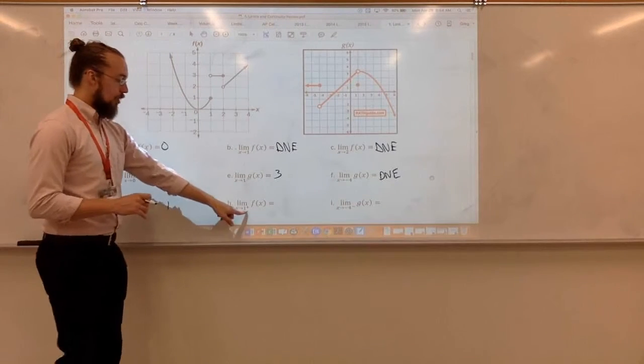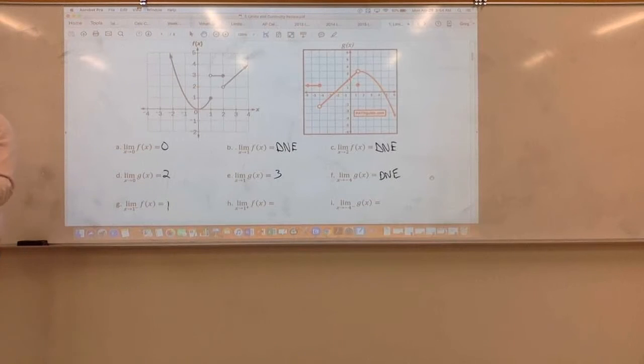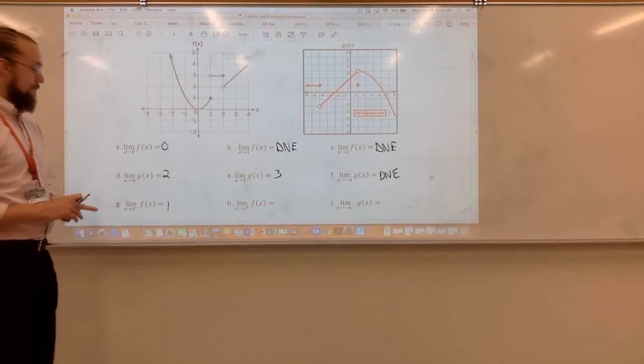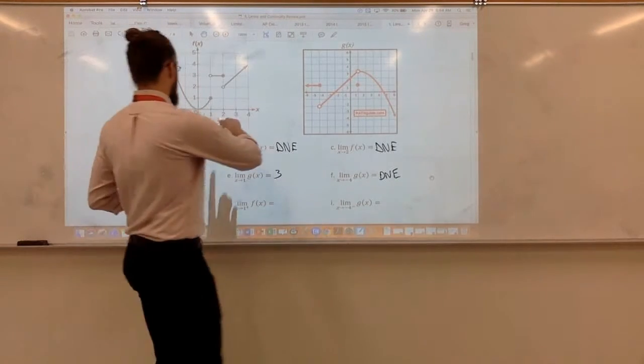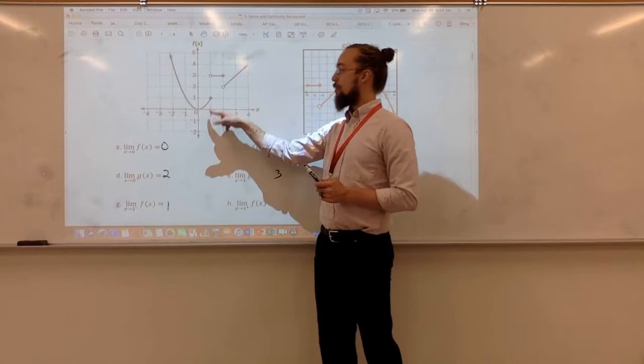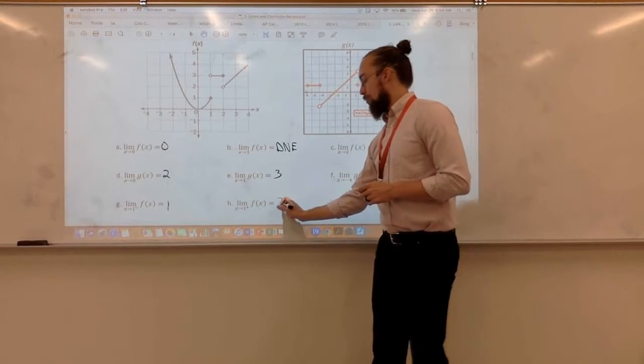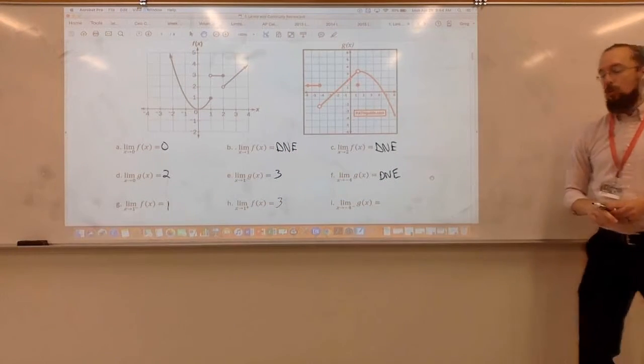So as we approach 1 from the right, we are getting closer and closer to 3. We'd be looking at this piece up here, so we'd be getting closer and closer to 3.